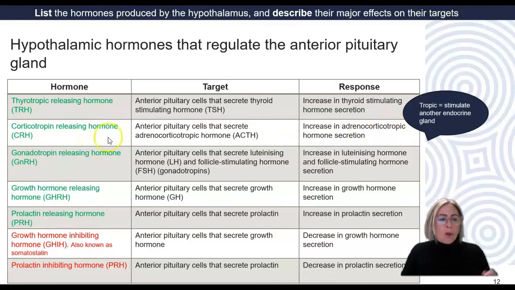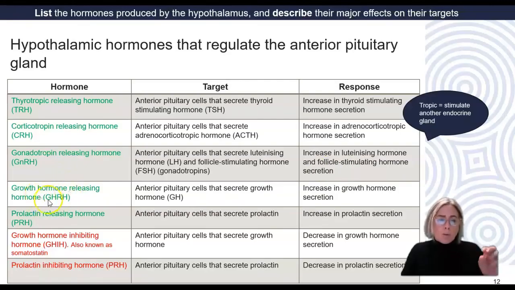We have gonadotropin releasing hormone, or GnRH, and it targets specific anterior pituitary cells that secrete luteinizing hormone and follicle stimulating hormone. So again, the response to that releasing hormone is an increase in luteinizing hormone and follicle stimulating hormone. Much more on that when we get to the reproductive system.